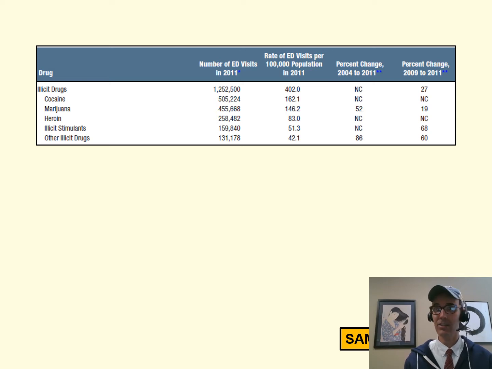So while it's certainly the case that people can get into trouble or even die as a result of using cocaine, heroin, or other illegal drugs, many more people end up having those really unfortunate outcomes from misusing medications like anti-anxiety medications, and especially opioid analgesics. That is to say, opioid painkillers.